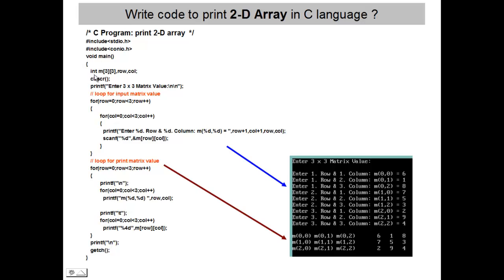Here I have declared an integer 2-dimension array, the name is m, with row size 3 and column size 3, and two other integer variables, row and column, are created. Then clear screen and print the message: enter 3 multiply 3 matrix value.